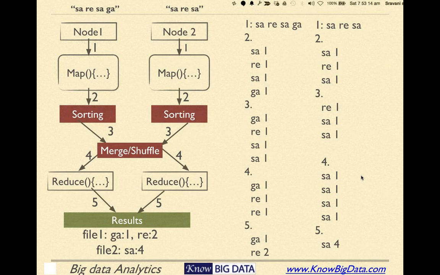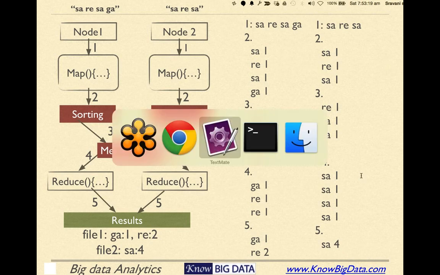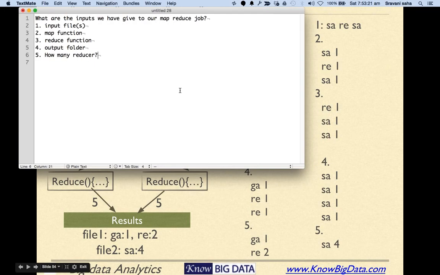Now, Matthew's question is, isn't that dependent on how many machines the company has available? Very good point. Your duty when you're launching a job will be to decide how many reducers you can have. I'll help you understand how to decide how many reducers.